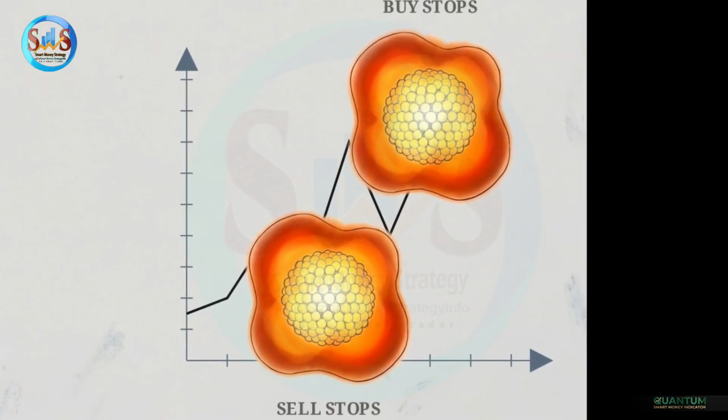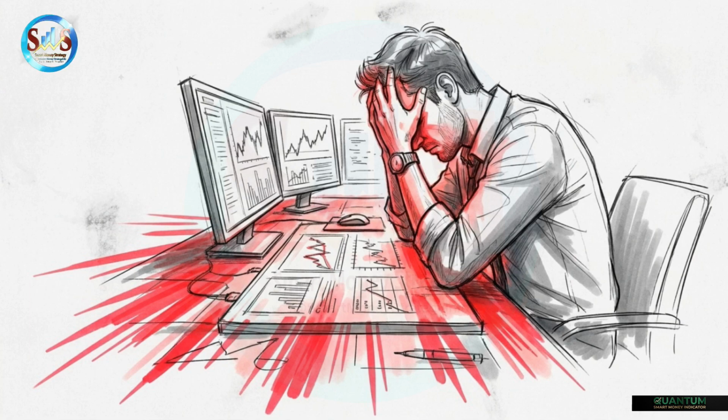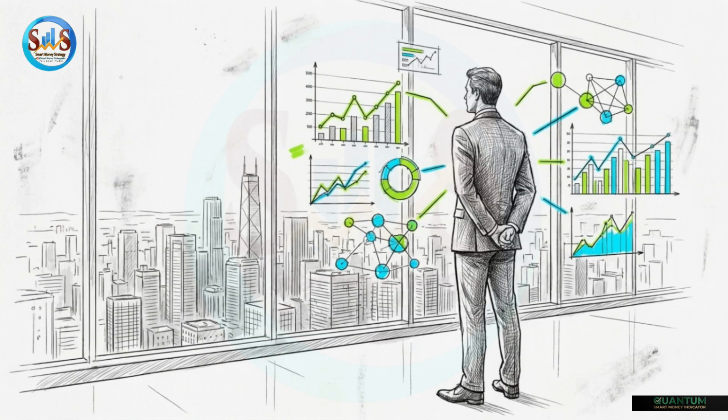Buy stops sit above the double top, sell stops underneath. With the trap set, the algorithm executes. The market aggressively pierces the resistance, triggering the cluster in a sudden burst before violently collapsing. For the breakout trader, this triggers an immediate, devastating loss. For the market maker, that loss is harvested as the necessary capital to fund a massive macro expansion.